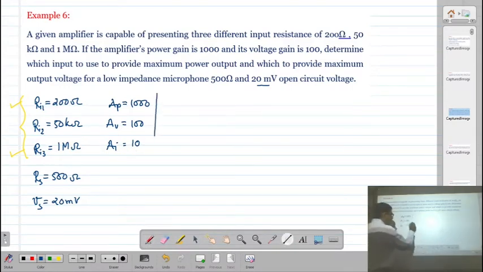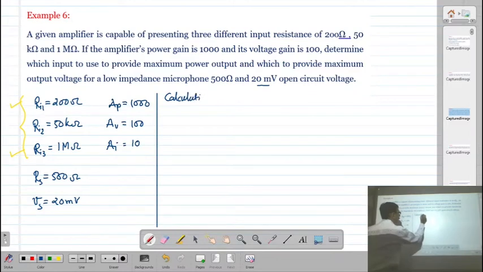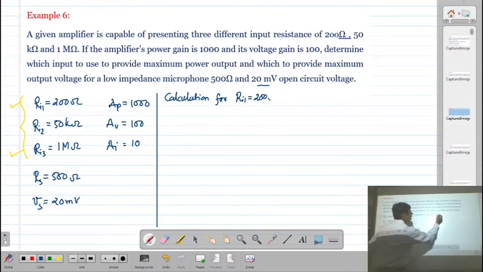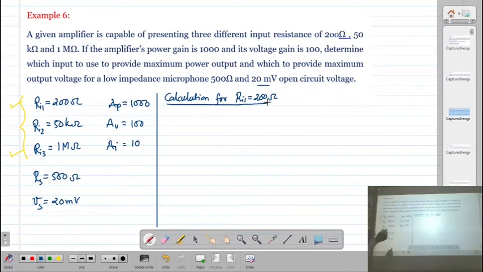Now, we will have a calculation. First of all, here, the calculation for Ri1 equal to 200 ohm. And the same way, you can calculate for Ri3 equal to 1 mega ohm. Okay?